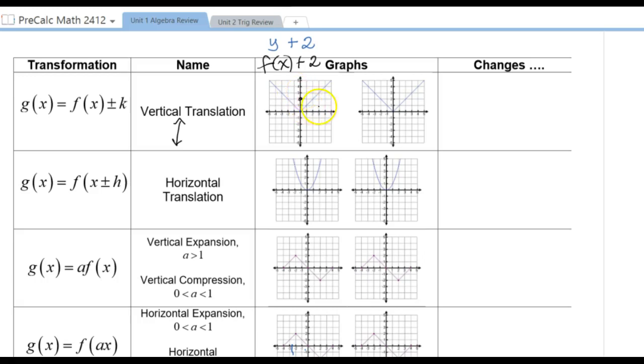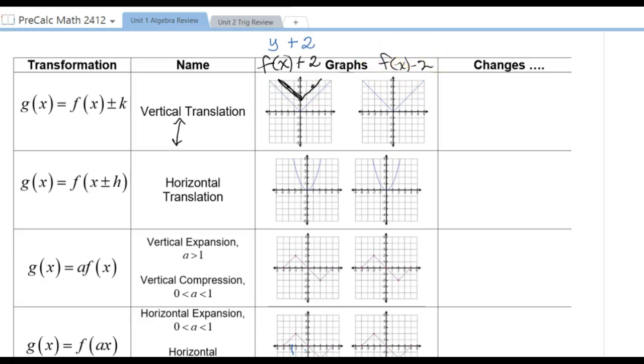When we come over here, I'm just picking one, here's 2, 2, and if I go up 2 from that point, I'm just moving that y value up 2. We're going to have the exact same graph except moved up 2 units upward.